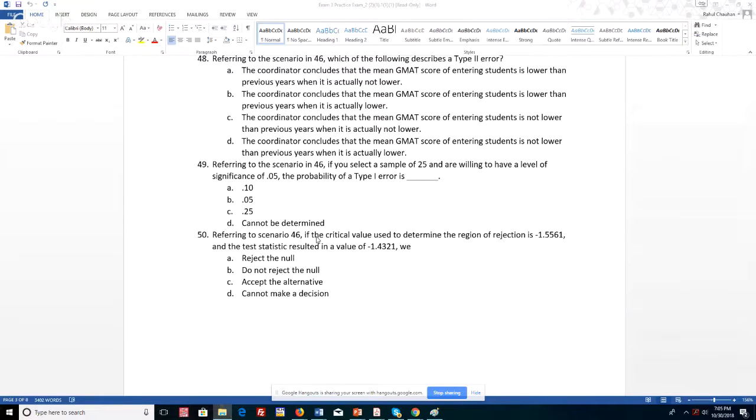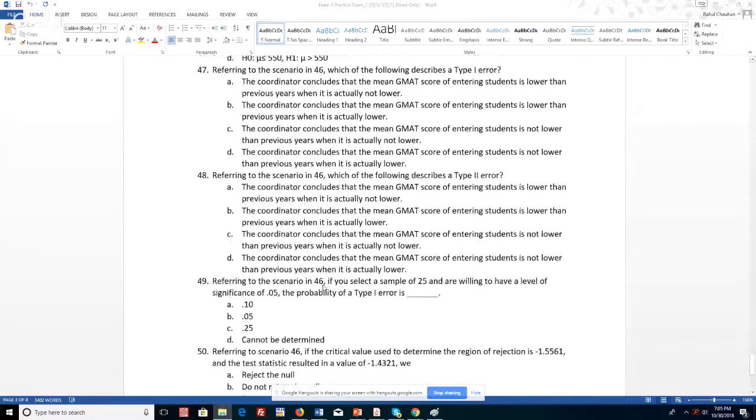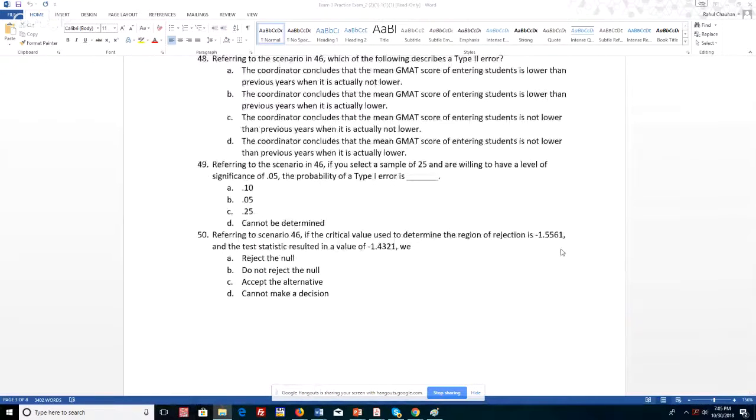And then referring to 46, going back up here, if the critical value used to determine the region of rejection is negative 1.5561 and the test statistic results in a value of negative 1.4, we would not reject the null.